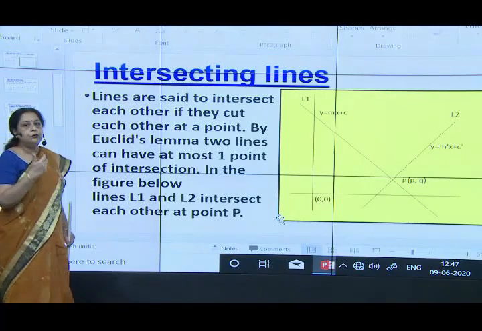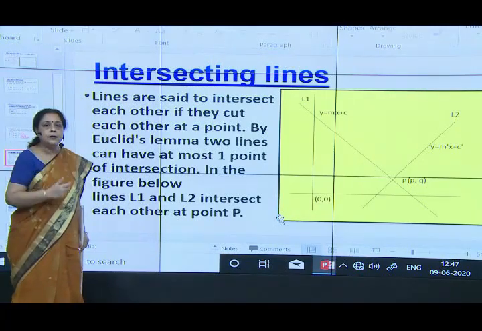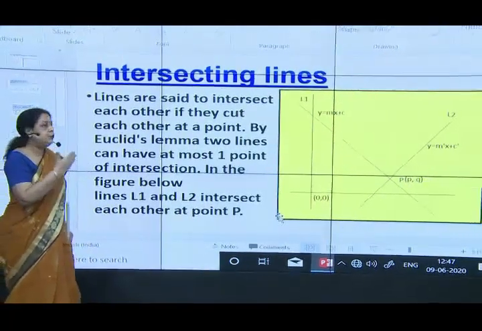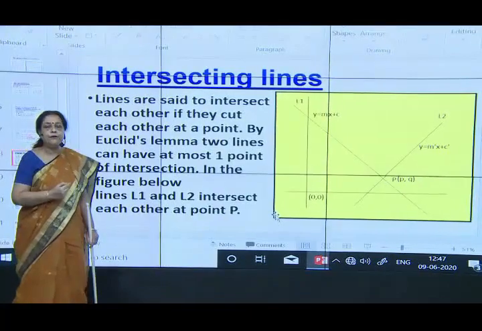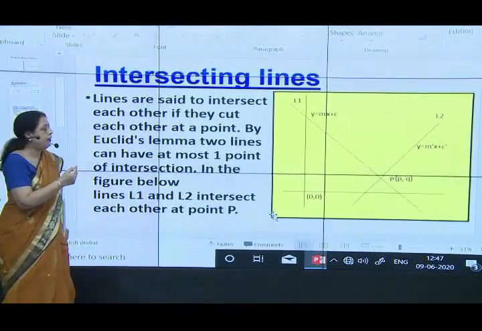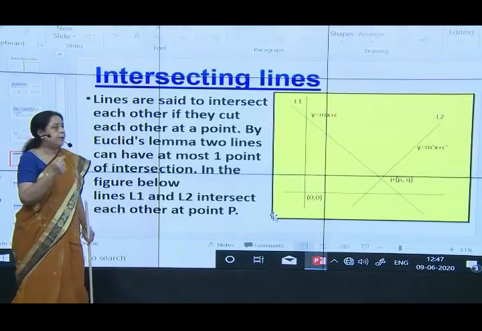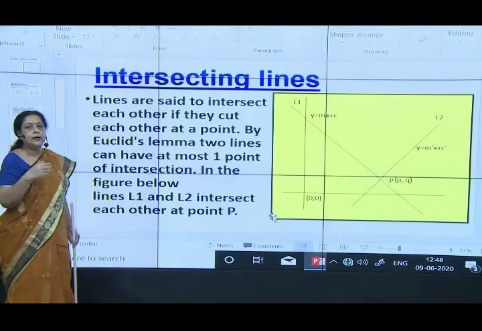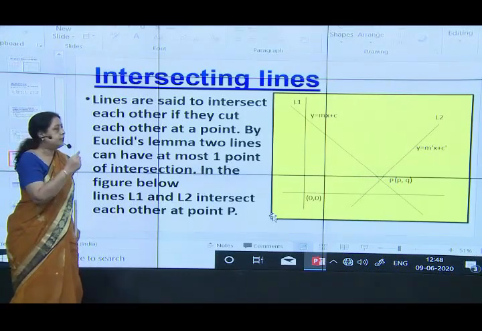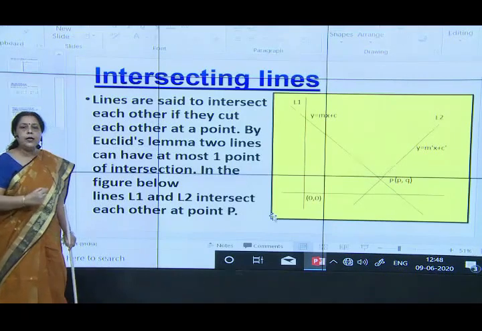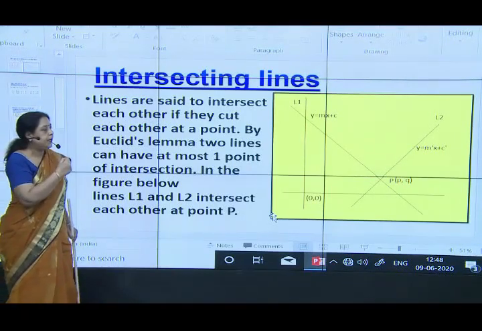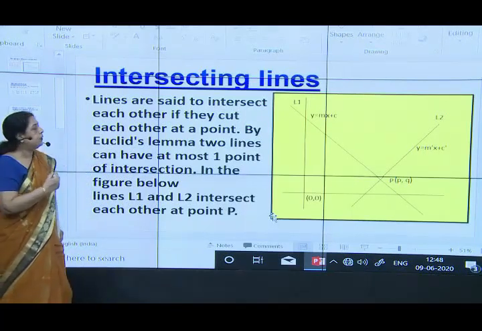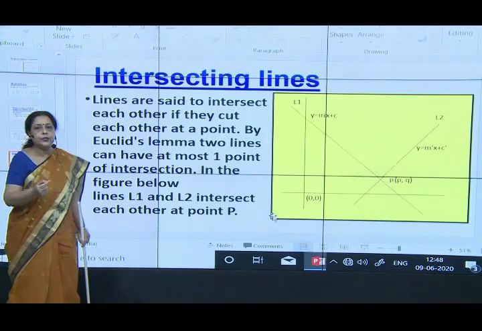Now come to intersecting lines. Two lines in the same plane are said to be intersecting if they cut at a point. Here, P is the point where both the lines L1 and L2 intersect, and the coordinates of the point P, that is (p, q), are the solution of this pair of equations.